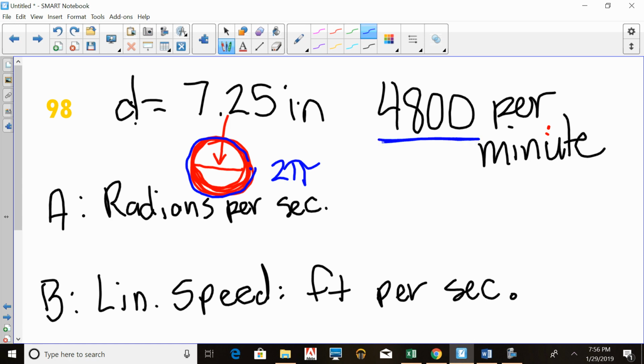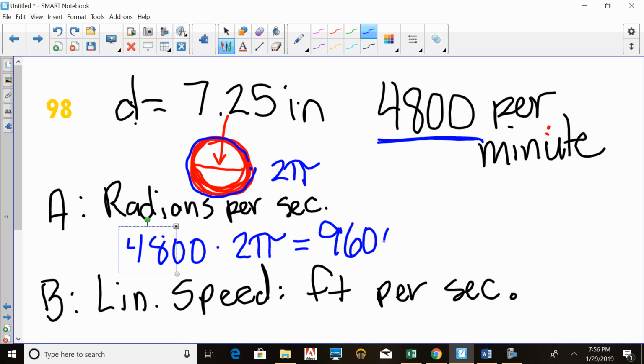It makes 4,800 revolutions per minute, so that means 4,800 revolutions per minute at 2 pi radians for each revolution, which would be 9,600 pi. That's the angle measure.